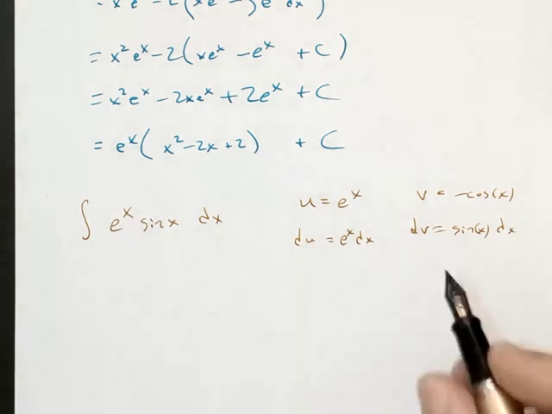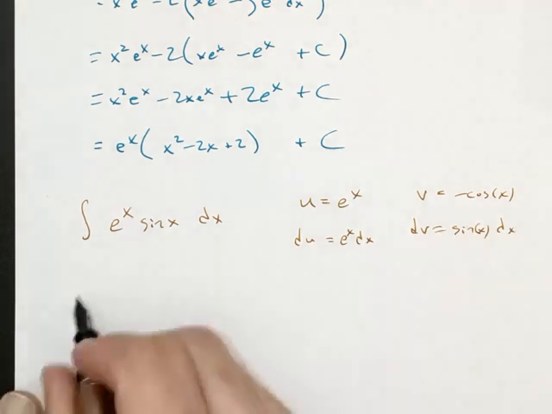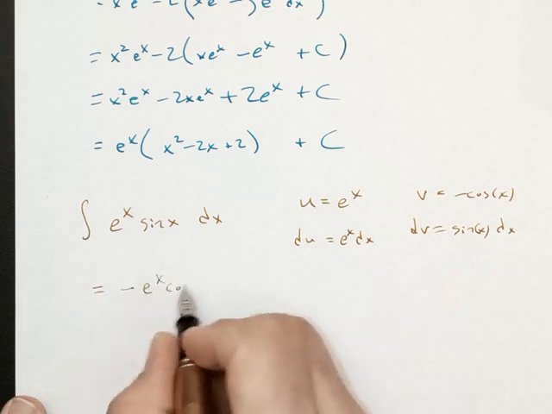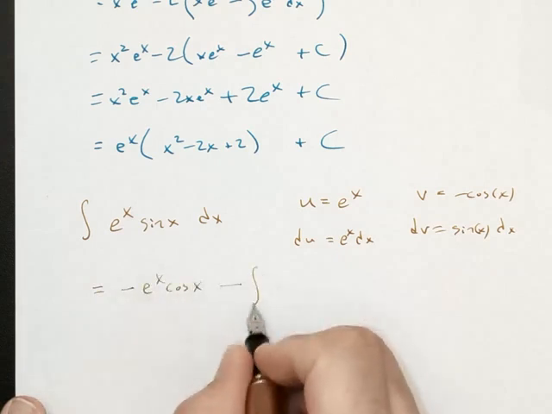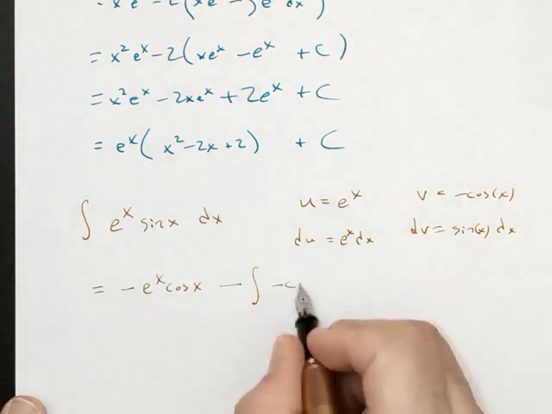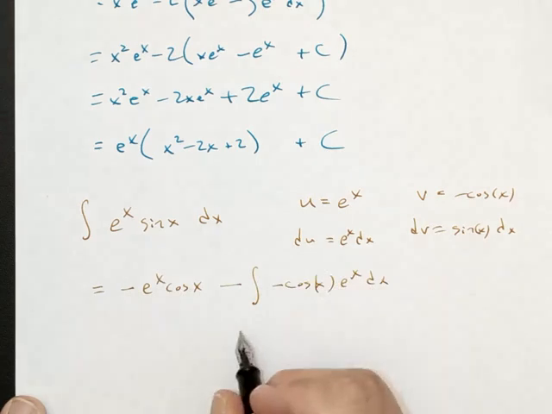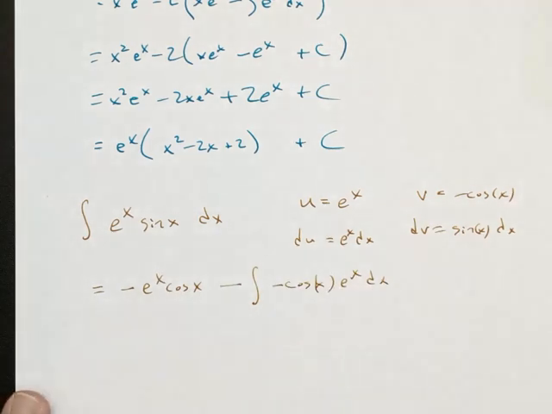So uv minus the integral of v du. Minus a minus is a plus.